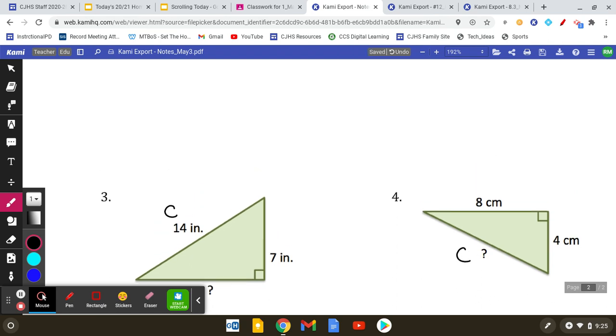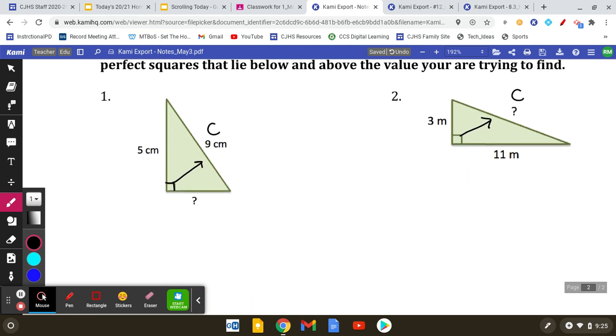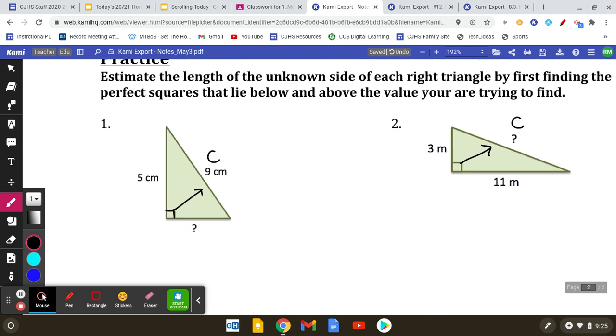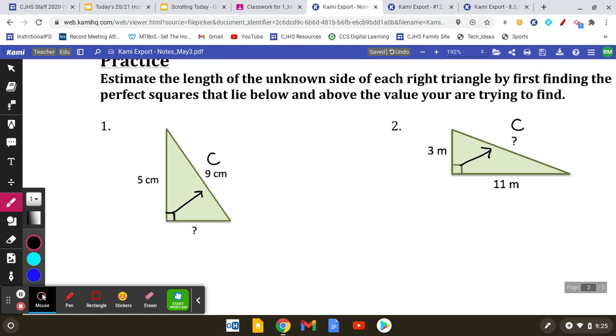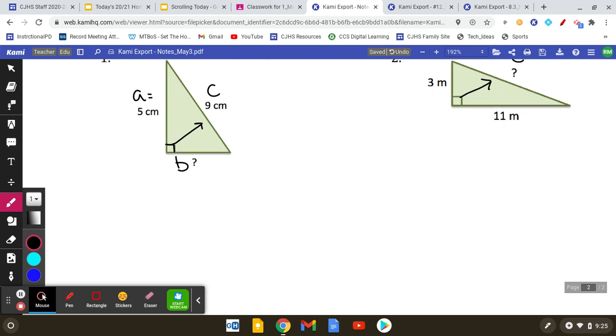Okay, so once we have that all set up, let's go back to number 1. I told you the A and the B doesn't matter, so we can say this is A and this is B. Now we need to use our theorem, A squared plus B squared equals C squared. So what is our A here? 5.